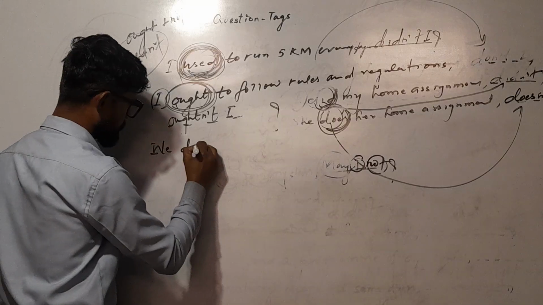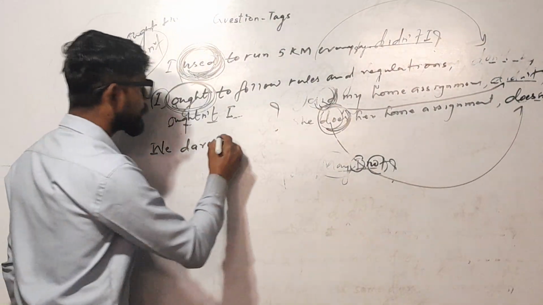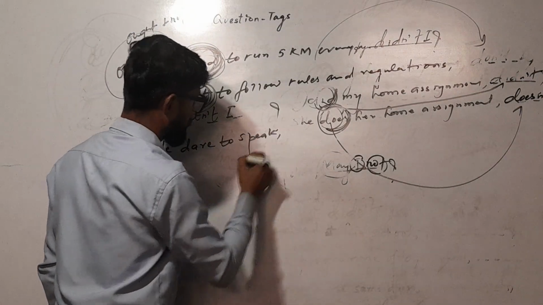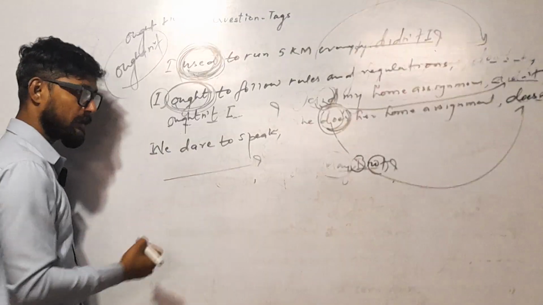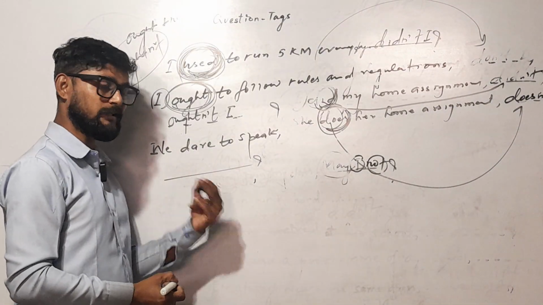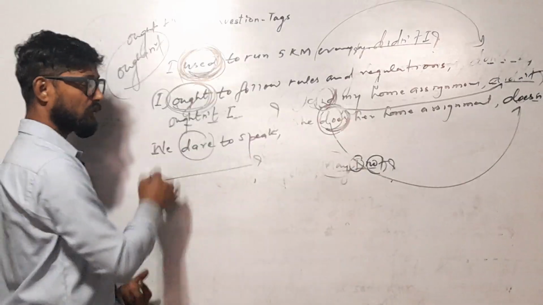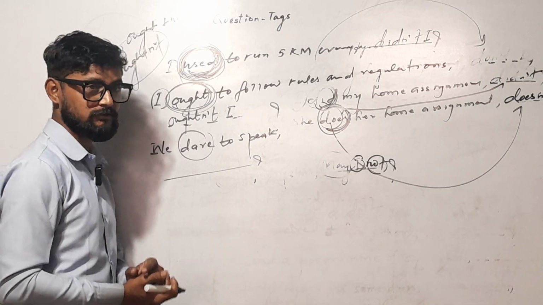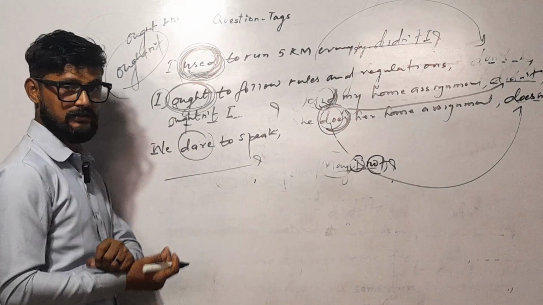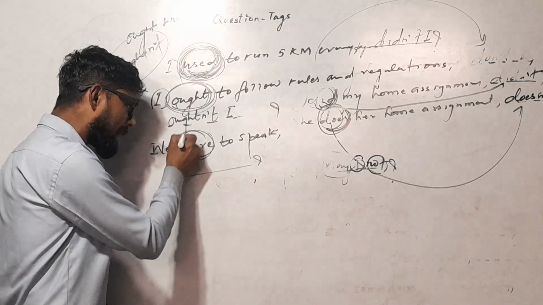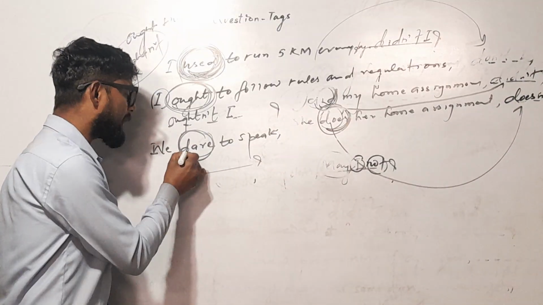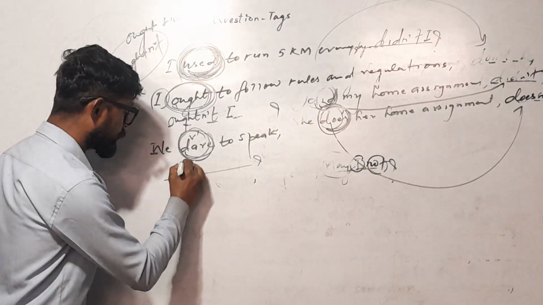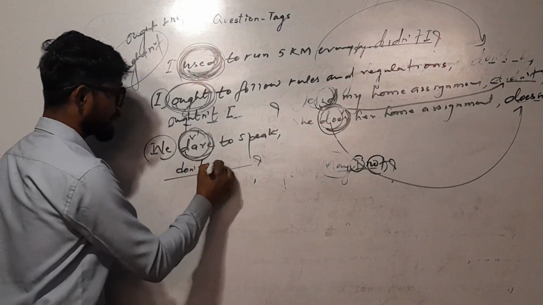We dare to speak. Again, we have been taught that this is a helping verb, an auxiliary verb. Yes, but it is used as a main verb here. So this is verb 1, so don't we.